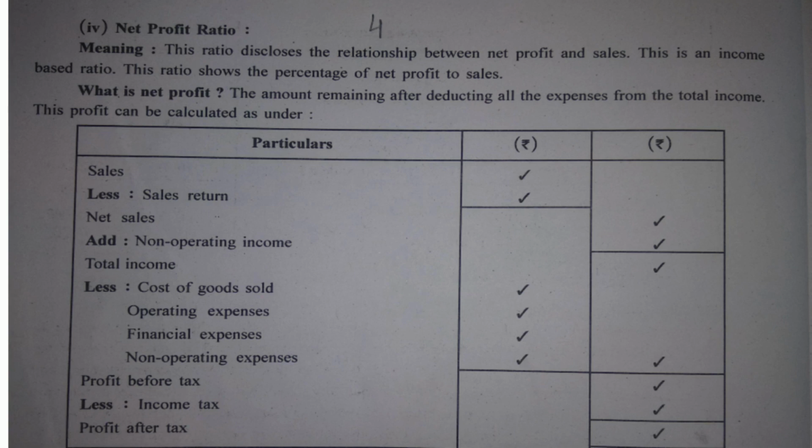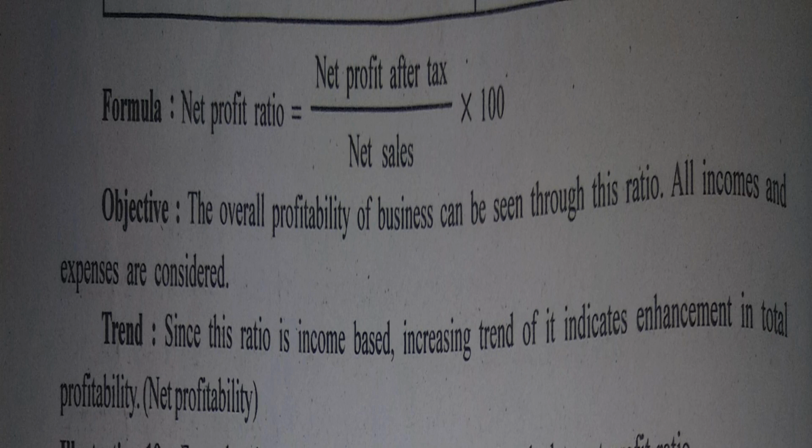You'll get net sales, you will add non-operating incomes, you will get total income, you will deduct COGS, operating expenses, financial expenses, non-operating expenses. The figure obtained will be profit before tax. You will deduct income tax from this, and the amount obtained will be profit after tax, the one that you will substitute in this formula, and you can obtain net profit ratio.